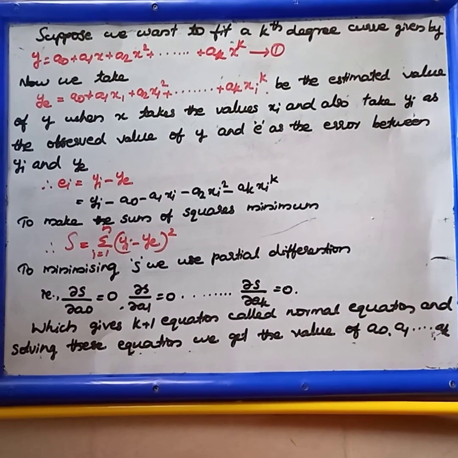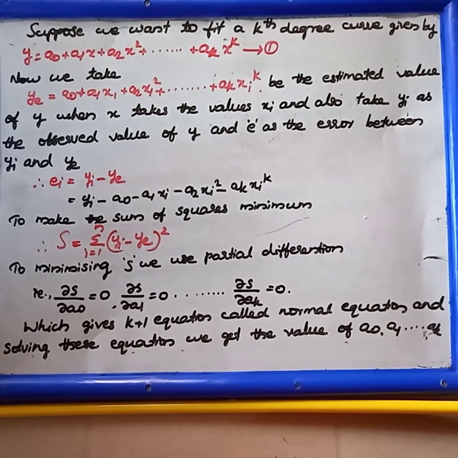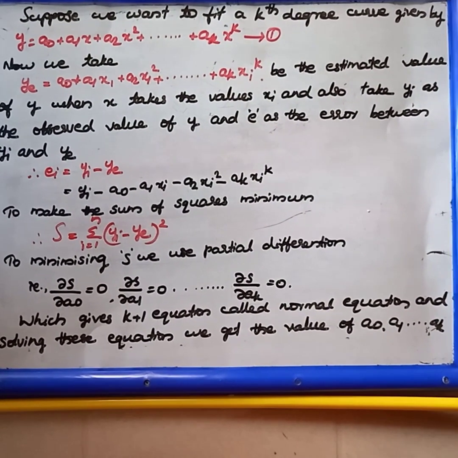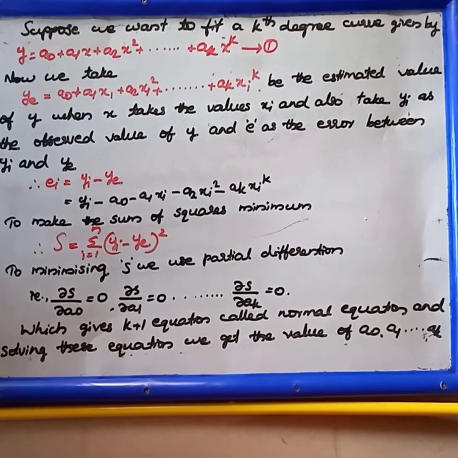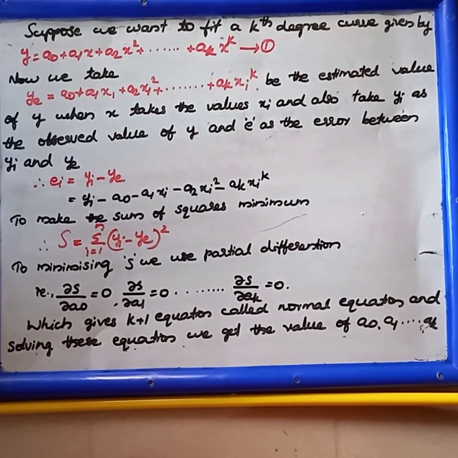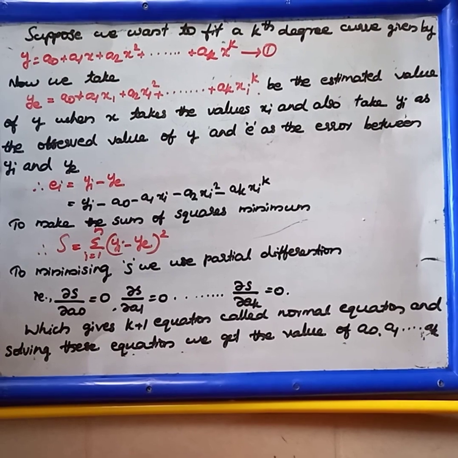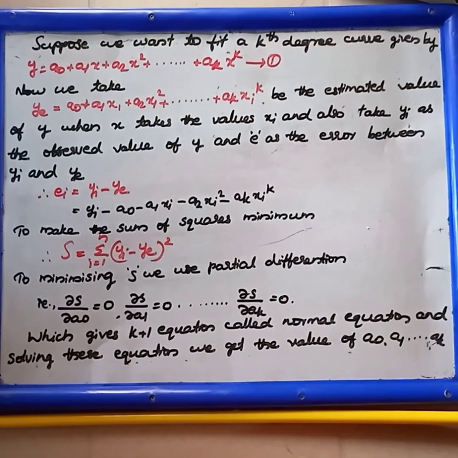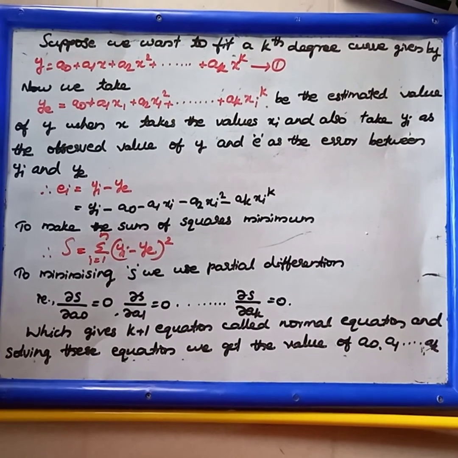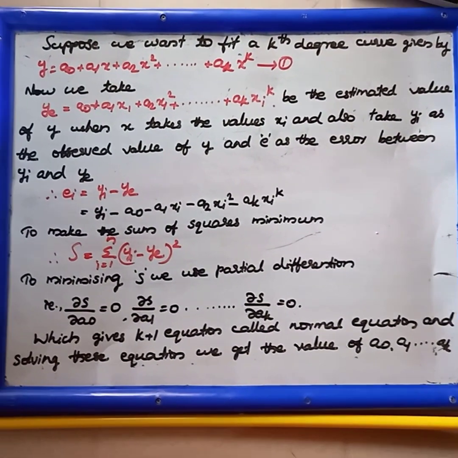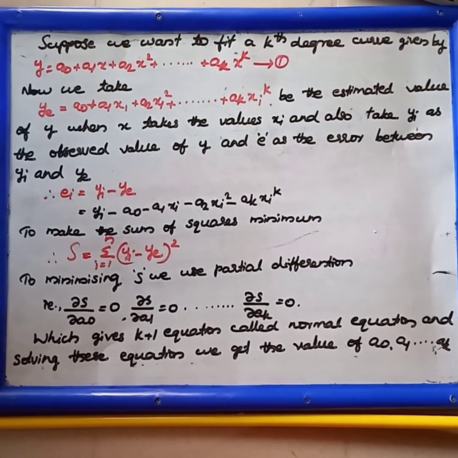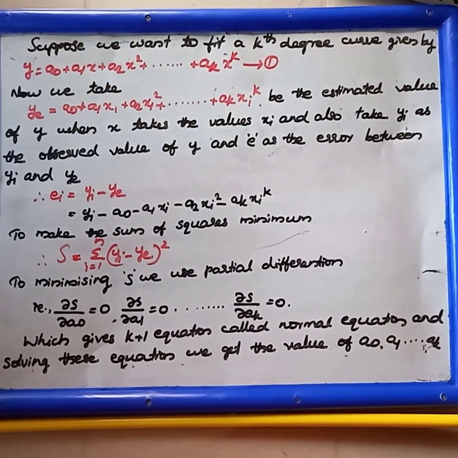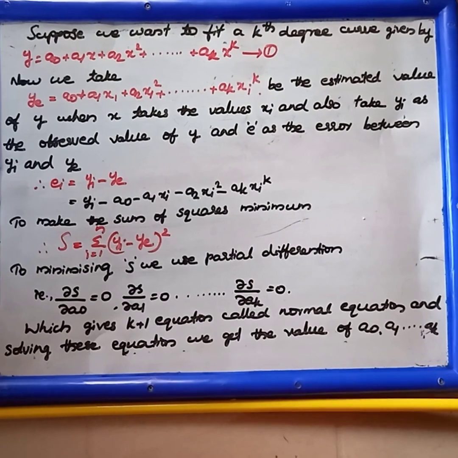To make the sum of squares minimum, s is equal to summation i is equal to 1 to n of yi minus ye whole raised to 2. To minimize s, we use partial differentiation, that is, dou s by dou a0 is equal to 0, dou s by dou a1 is equal to 0, etc., dou s by dou ak is equal to 0, which gives k plus 1 equations called normal equations.